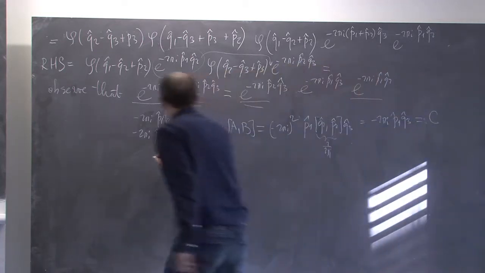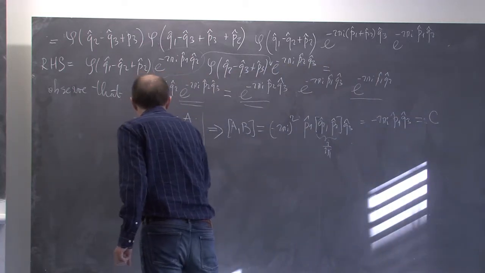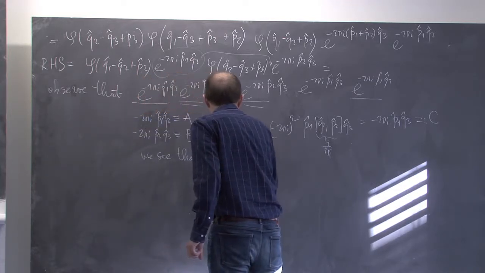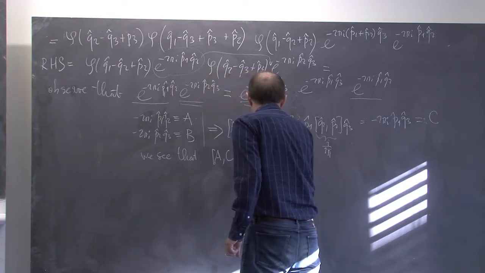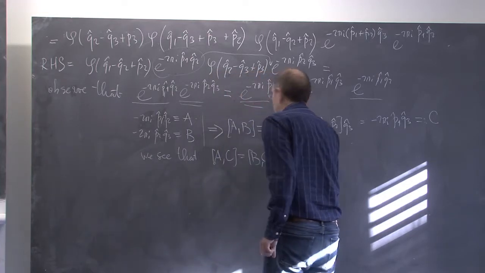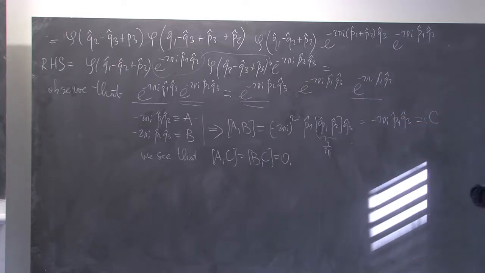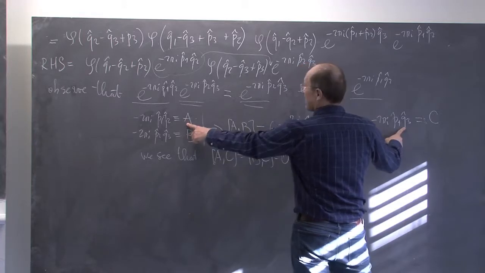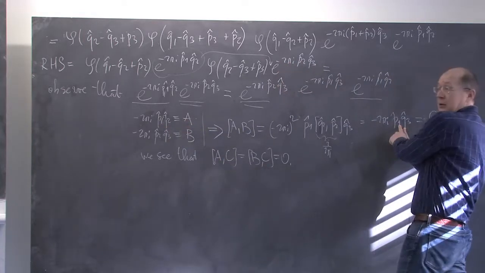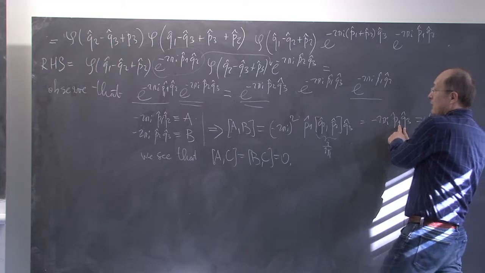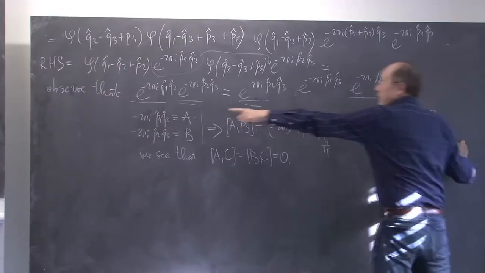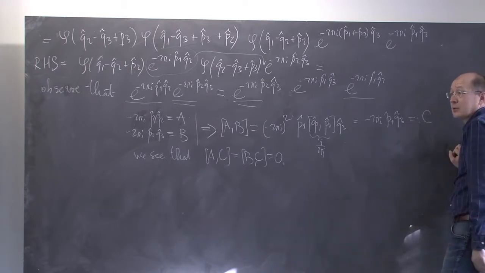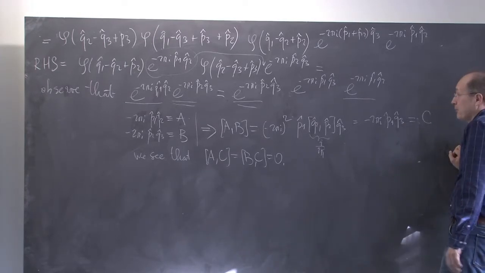And now we see that AC equals BC equals 0. Why is it so? If we try to commute A with C, then P1 is a common thing, right? It commutes with itself, but we have Q2 there and the Q3 here, so nothing else to commute non-trivially.